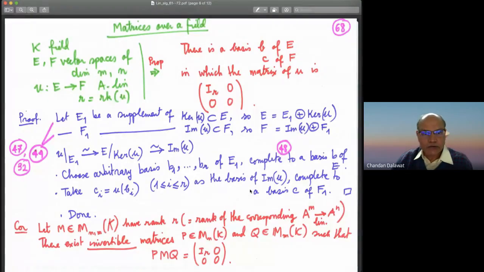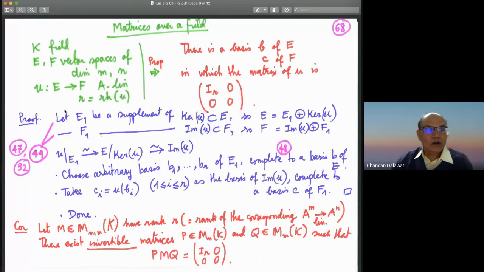It's certainly a very useful result because it tells you what the matrix of an arbitrary linear map between vector spaces of finite dimensions looks like, up to changing bases of the source and the target. Changing basis at the source amounts to multiplying the matrix on the right by an invertible matrix. Changing basis in the target amounts to multiplying the matrix of the linear mapping by an invertible matrix on the left.